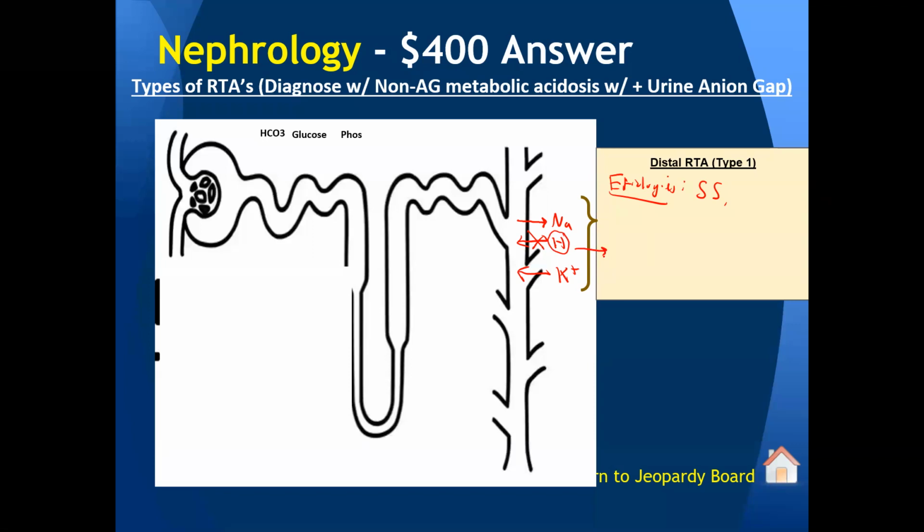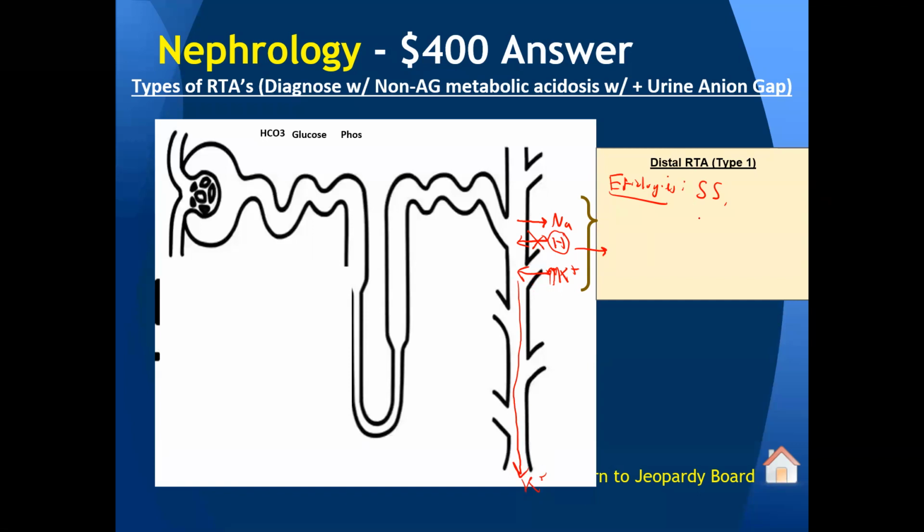That's a non-anion-gap metabolic acidosis. And because you're not exchanging that, you're going to get a really high secretion of K into your nephron, and that K is going to be secreted. So that's why you get the acidosis, and that's why you get the hypokalemia.